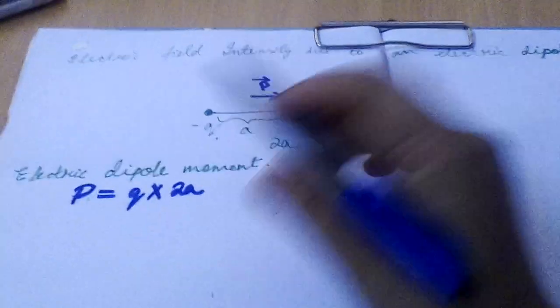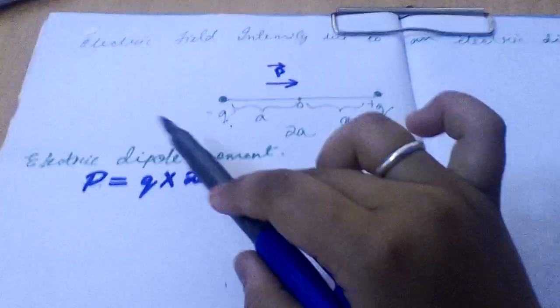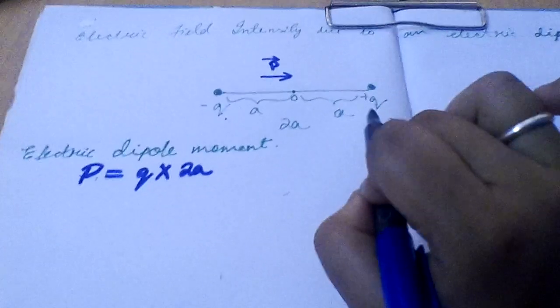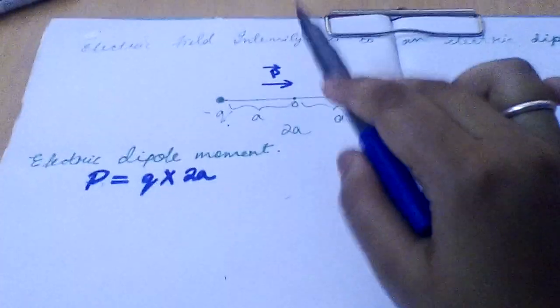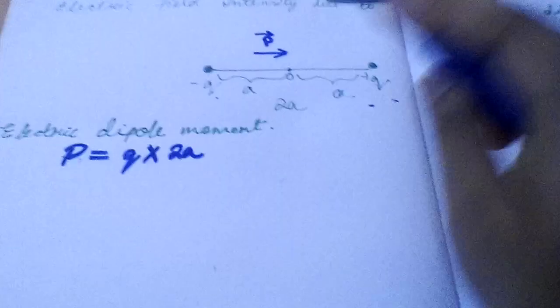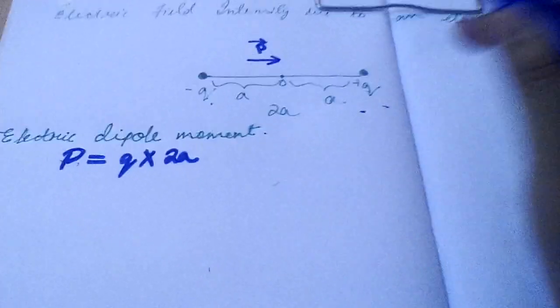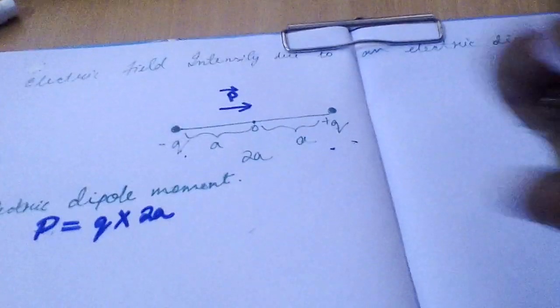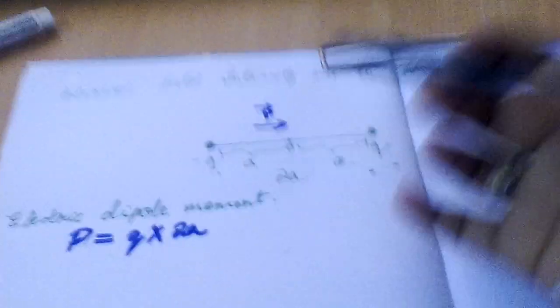For example, if we interchange these charges, so that this is a positive charge and this is a negative charge, then the direction of the electric dipole moment is also reversed. Whatever the situation, it is always directed from the negative charge to the positive charge. That is an important concept regarding the electric dipole moment.